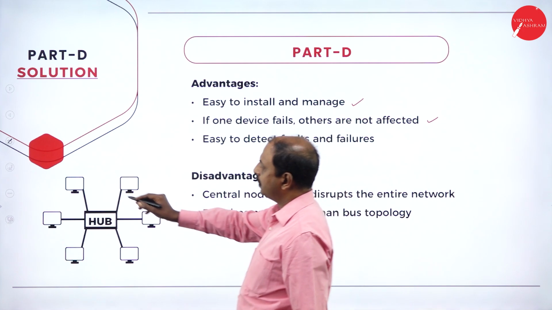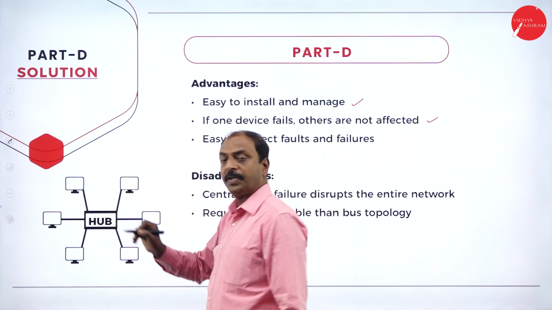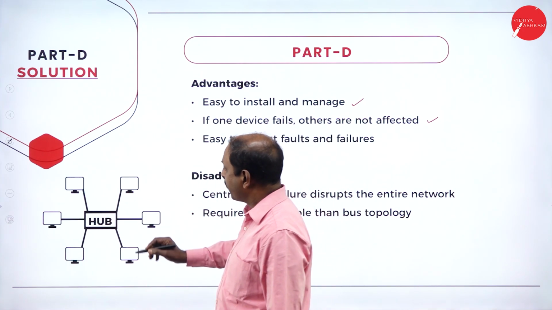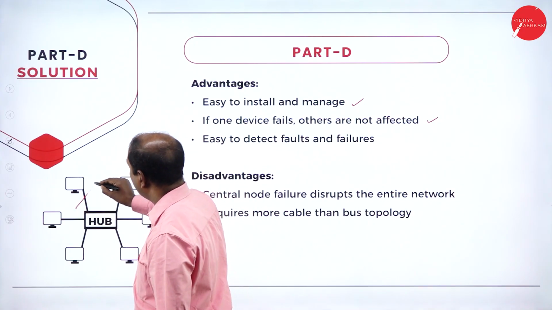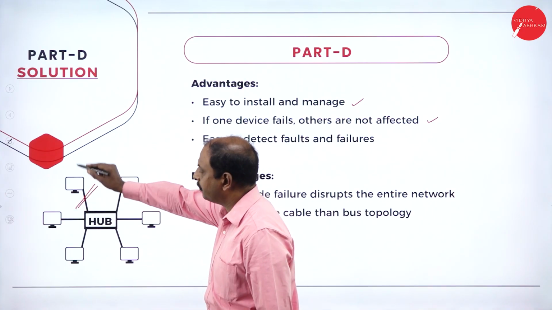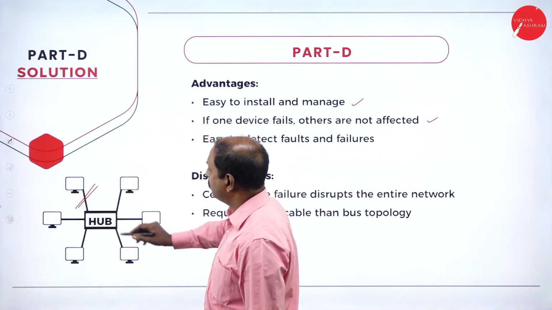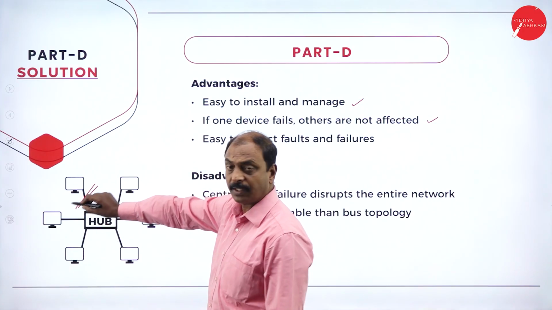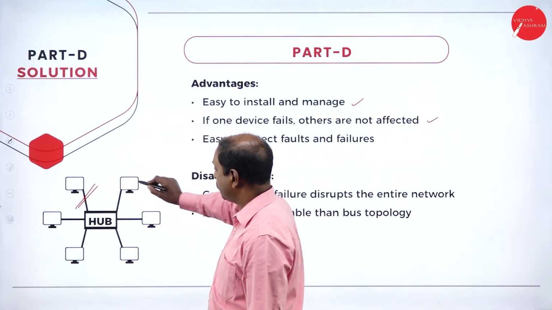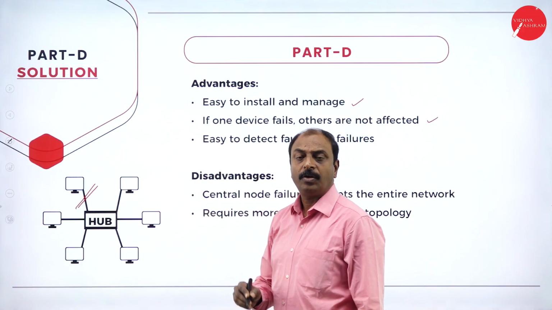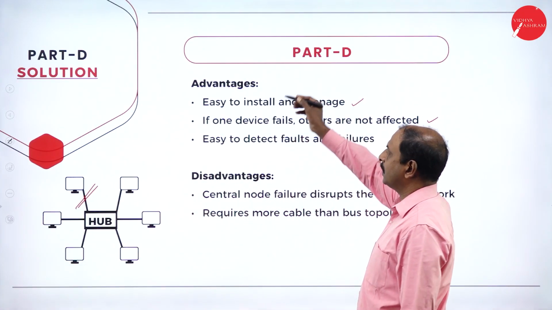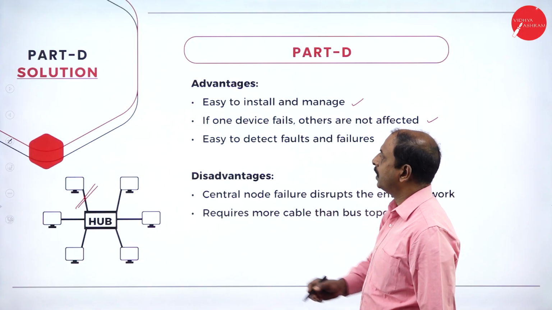See, because all these are independently connected to different ports of the hub, if there is any problem with one of the computers, for example, if this computer or node does not work, it is not going to affect the entire network. So all other computers or nodes in the network will be functional. That is an advantage of this star topology.